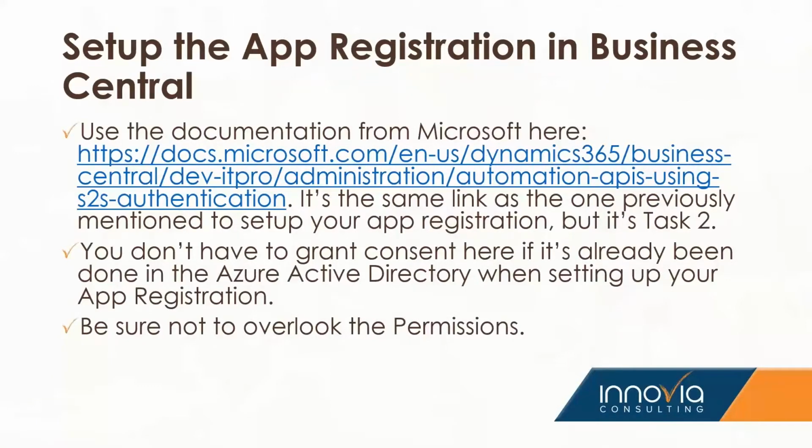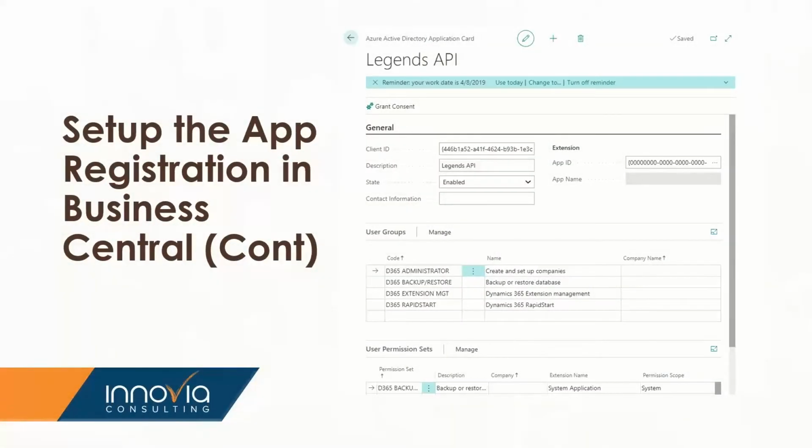All right. And the second step to this app registration is setting it up in Business Central. So you actually open up your Business Central cloud version and you go to Azure Active Directory and you type that in your search, and you bring up a list of Azure Active Directory entries, and you create a new one.